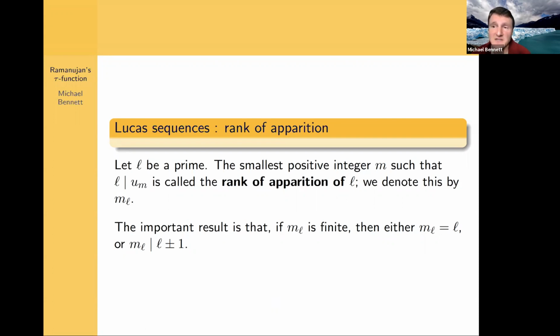And this goes back to Carmichael, so it's more than 100 years old. The result was that for Lucas sequences, either the prime L never shows up, it never divides any terms, or it divides the Lth term, or it divides the L plus first term, or it divides the L minus first term. So that's kind of neat. It shows up no later than the L plus first term.